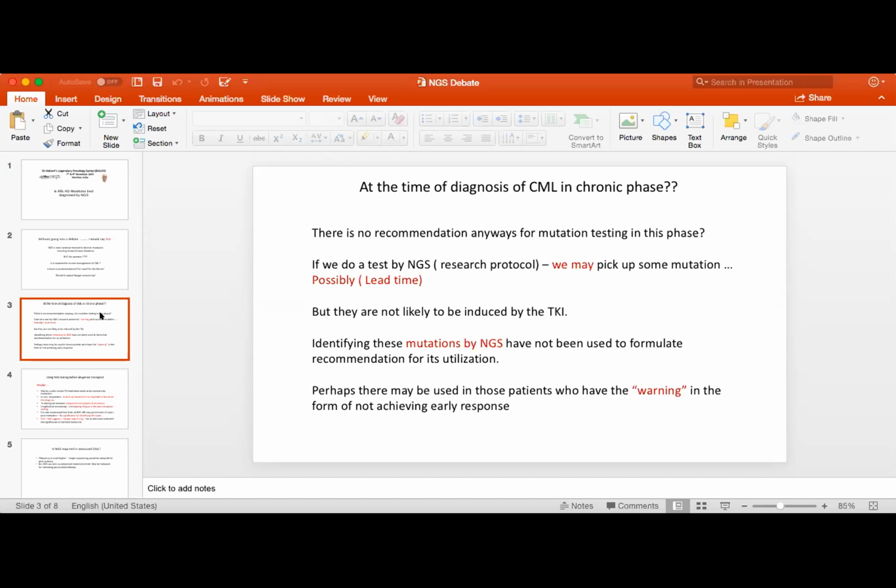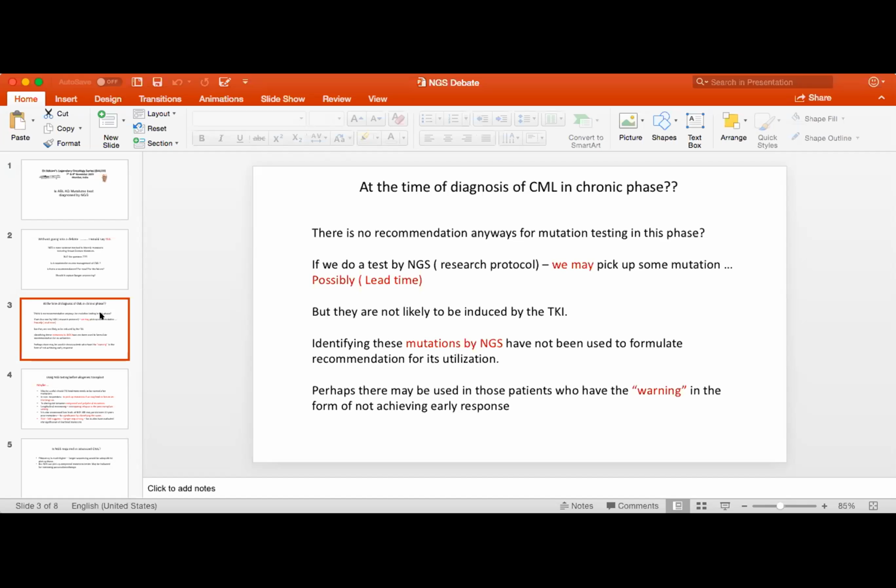But these mutations are not likely to be induced by TKI in the early phase or before starting a TKI. And identifying these mutations by NGS has not been used to formulate recommendations or to change our line of therapy in any way.